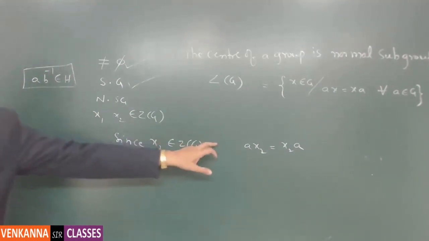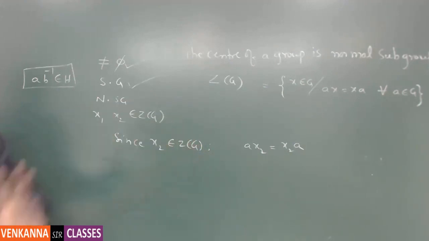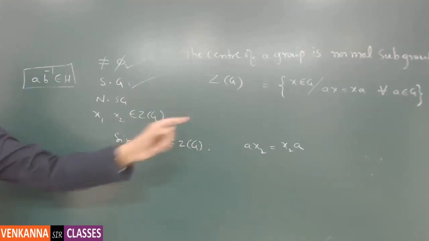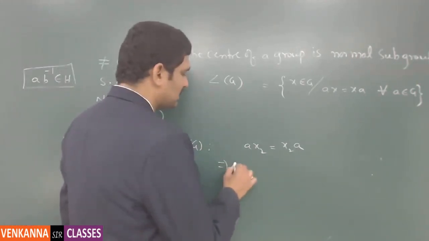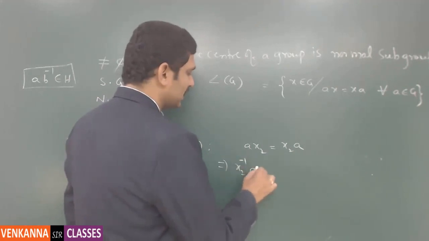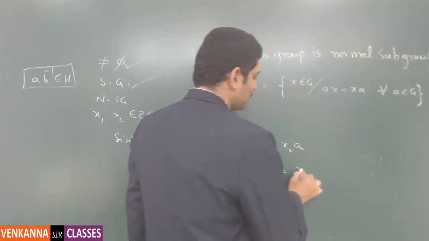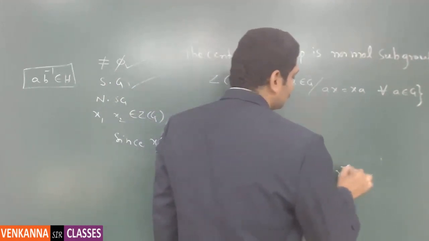So for this relation, on both sides, you multiply with x2 inverse. You do pre-multiplication as well as post-multiplication. So you can write it as x2 inverse a x2 inverse is equal to x2 inverse x2 a x2 inverse.